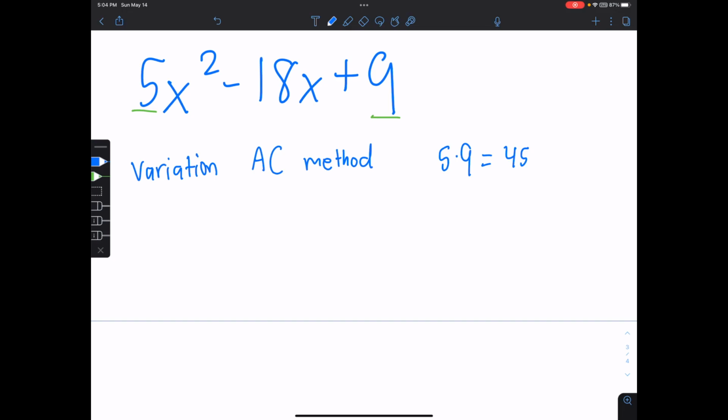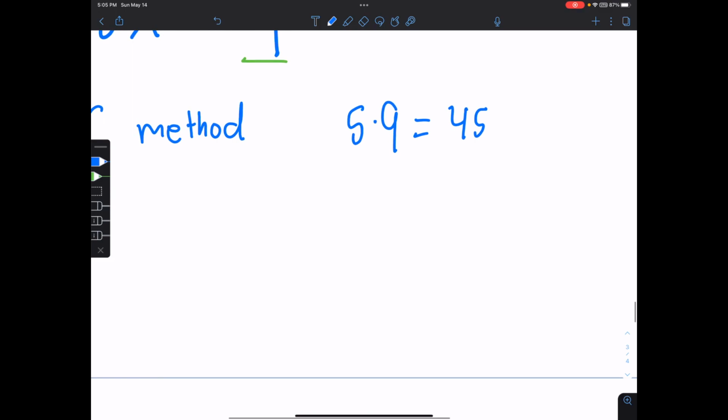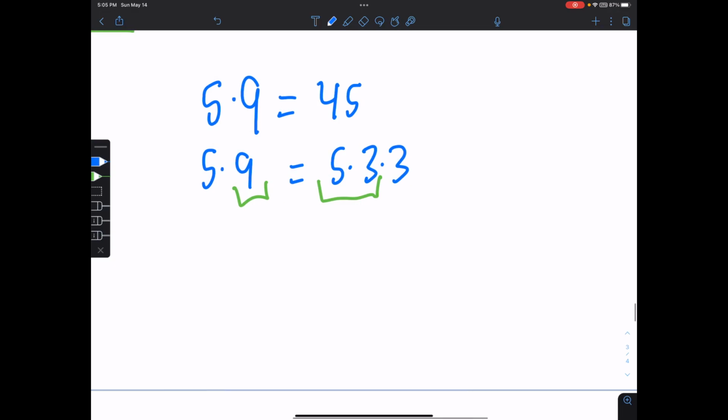If you look at the factors, you know that this is 5 times 9, but we can look at 9 as 5 times 3 times 3, right? And what if we combined this and this? This would become 15 times 3.